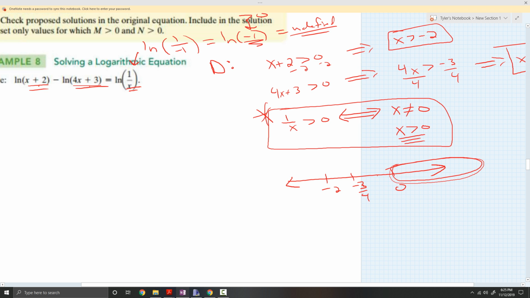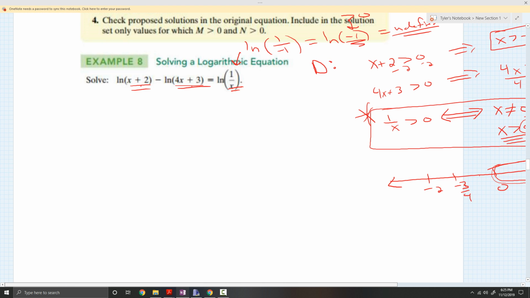That's where it all falls apart. So you just need to pick the biggest one. Our condition is that x must be bigger than 0. If we get a solution that's not bigger than 0, we have to throw it out. That's an important first step, as I was saying.